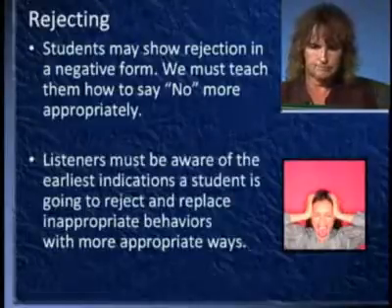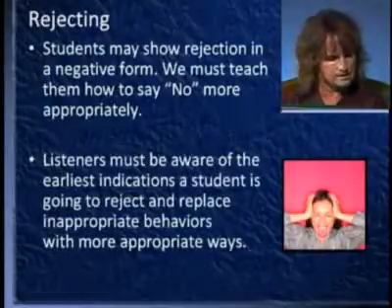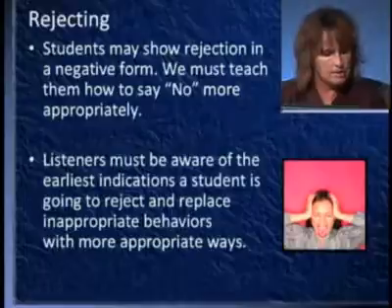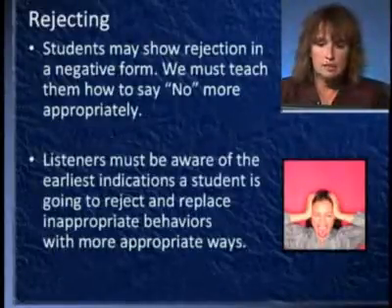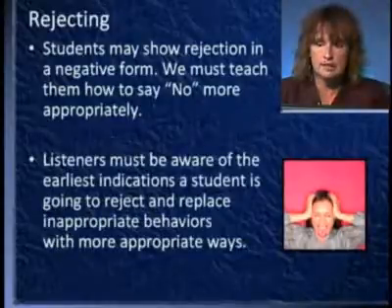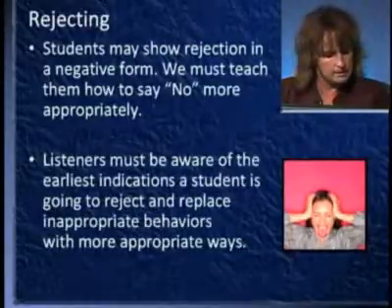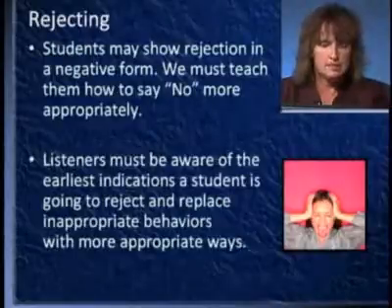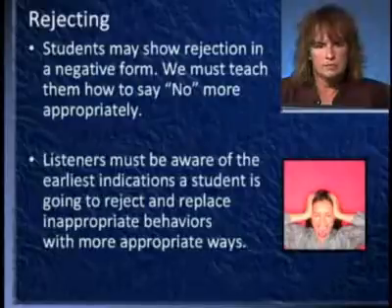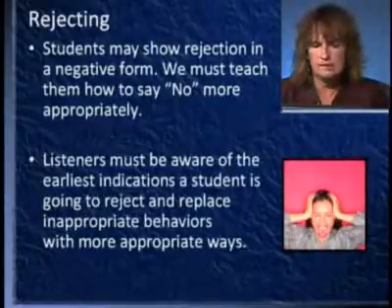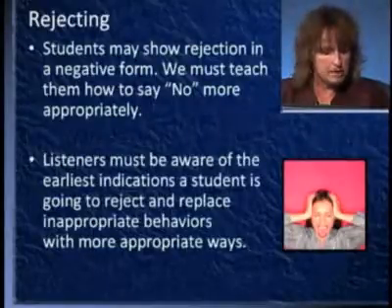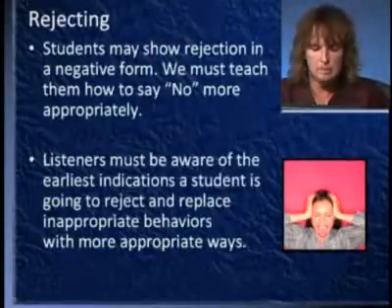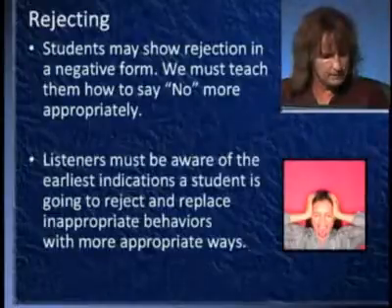Rejecting. We must teach our students how to reject things appropriately. We must be observers. Using our observation skills, again, is very important. So as soon as we see that the student doesn't want to do something, or he's moving away from his area, we must show them, oh, I see that you need a break, and show them a way that they can express that appropriately.